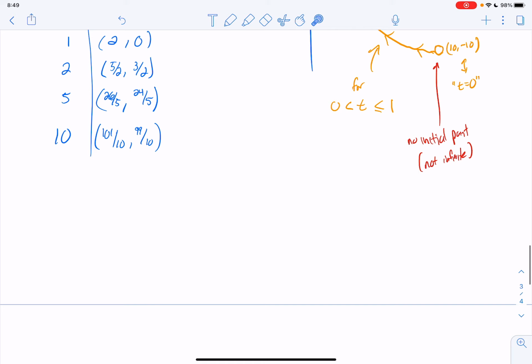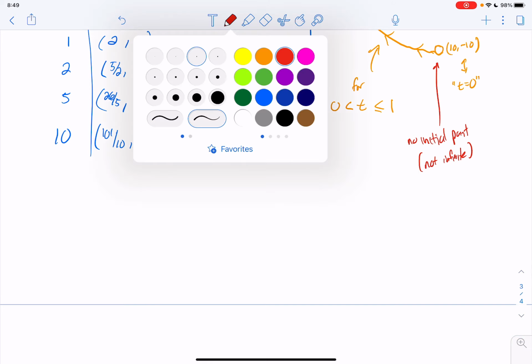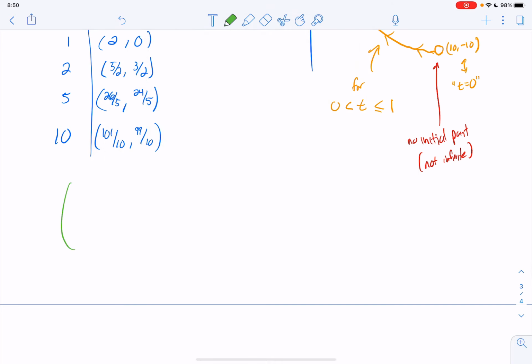And so to give you a quick recap on that, a hyperbola is going to be a curve that looks something like this. It's something like (x plus a) squared minus (y plus b) squared equals something like c squared.